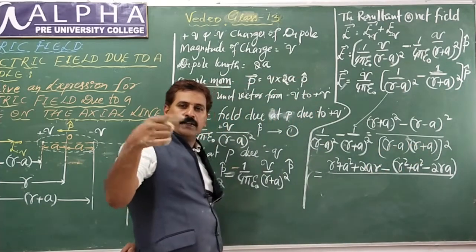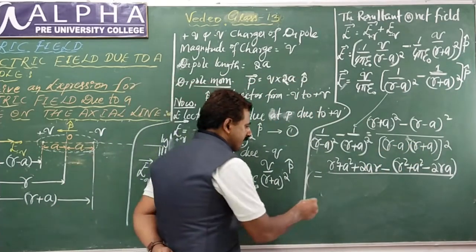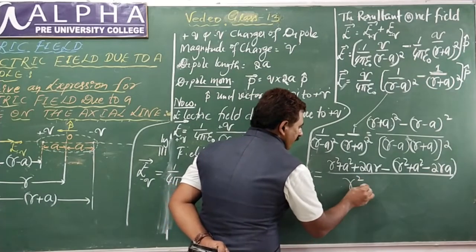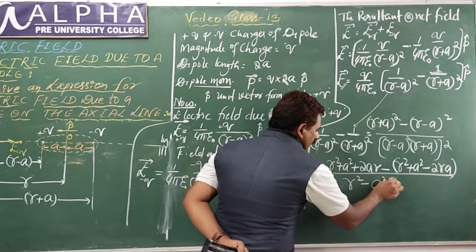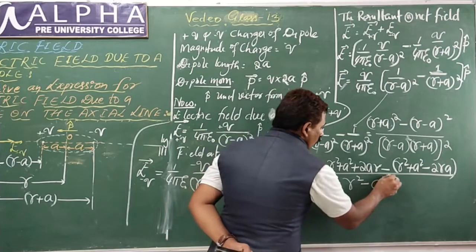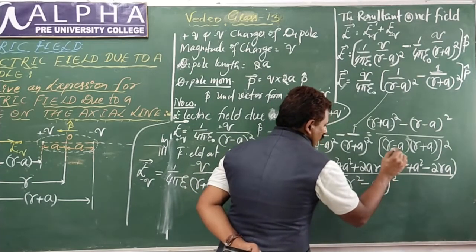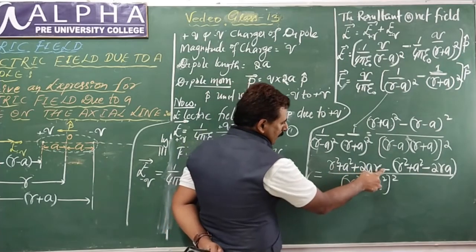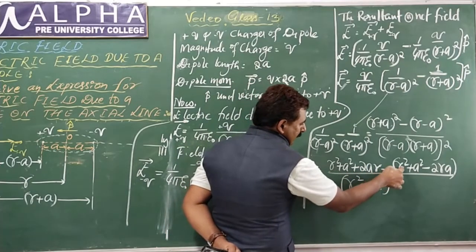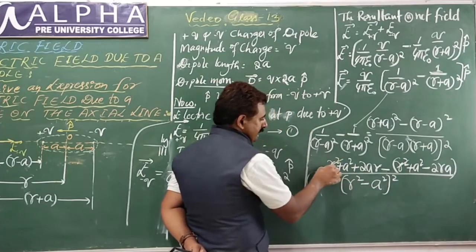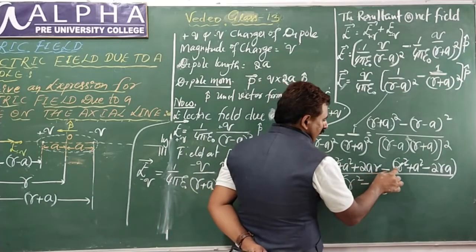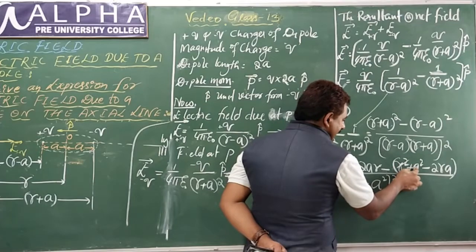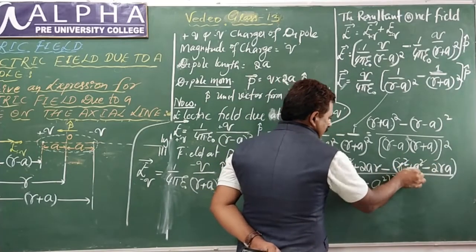What is A minus B into A plus B? Yes, A square minus B square. So it is R square minus A square whole to the power 2. Don't forget that. Now, see, R square minus R square. If you clear the bracket, minus A square plus A square.